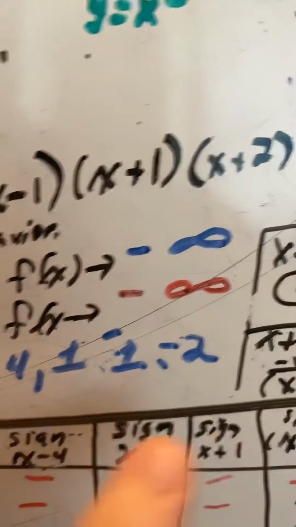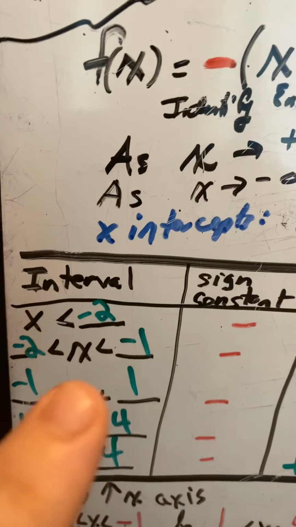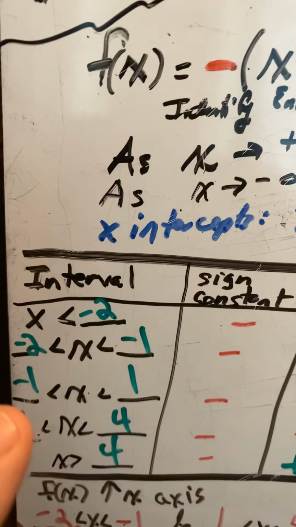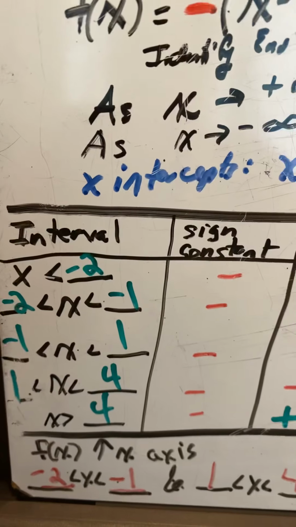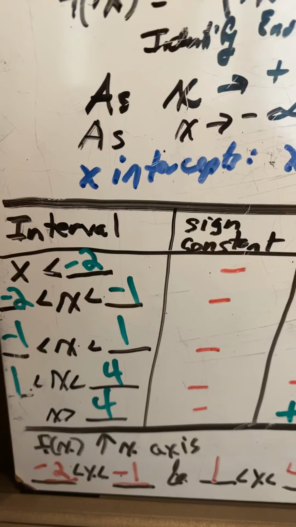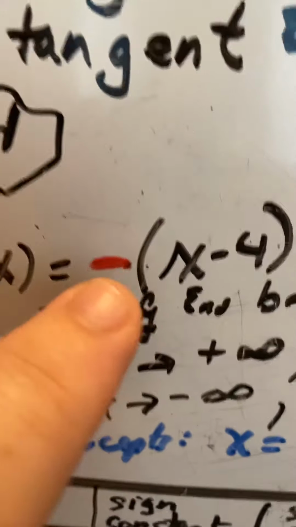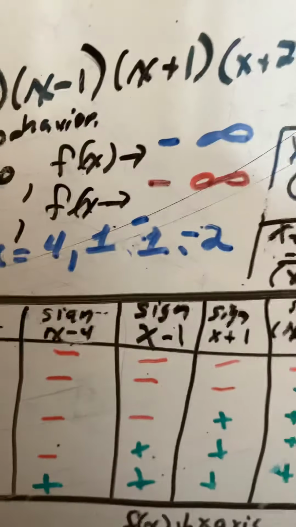So I need to investigate the interval between negative 2 and negative 1. My next higher intercept is 1, and so I want to go between negative 1 and 1, and between 1 and 4. And lastly, what happens to my function when x is bigger than 4? Now, the sign constant is always going to be negative because of that leading coefficient.